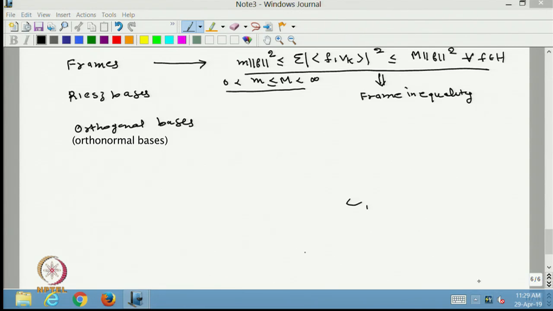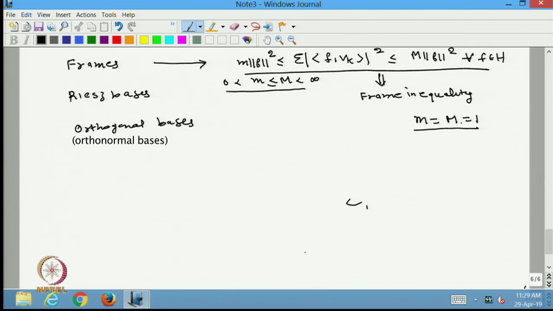If small m is equal to capital M, it is a tight frame. And if m equals M equals 1, what it turns out to be, I will come to that point later. So, are all of you clear with this frame definition? The v_k(x) which satisfy this frame inequality are called frames.